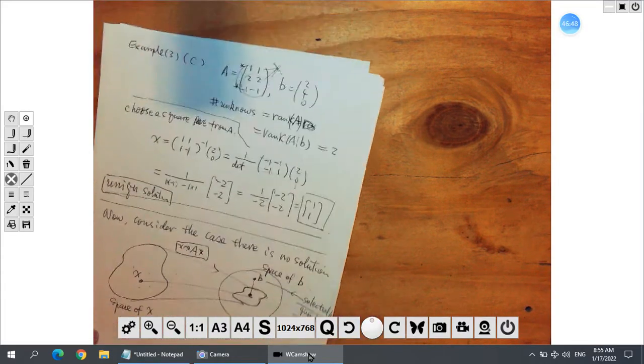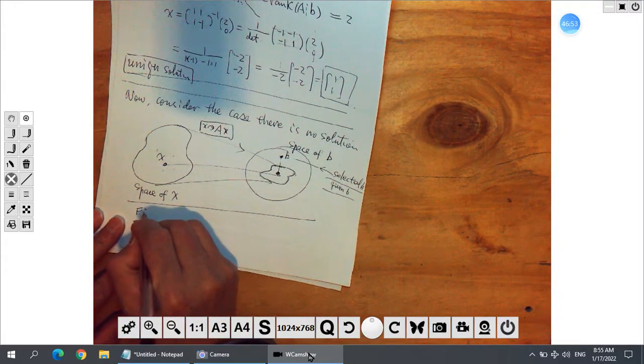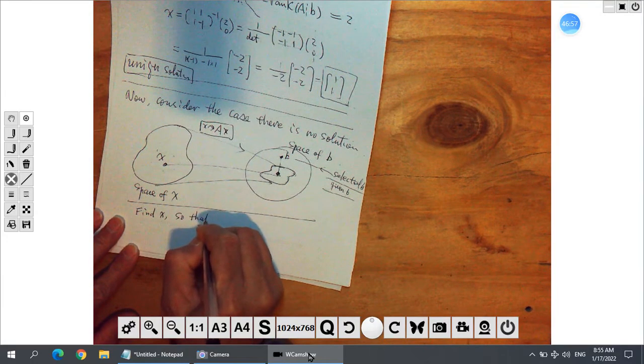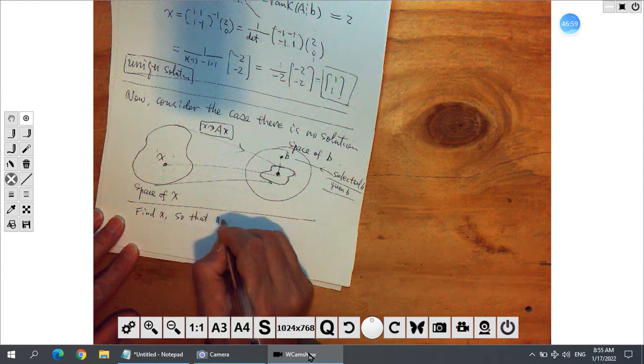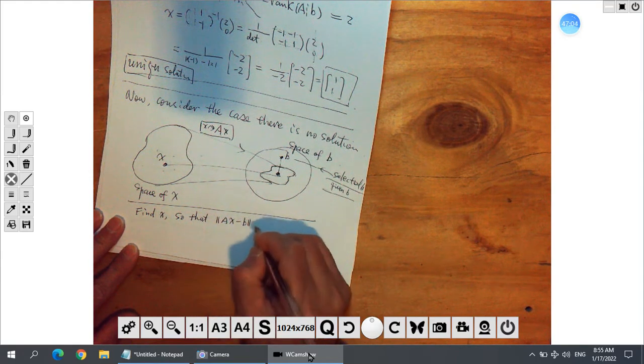This X is what? Find X so that AX minus B is the smallest.